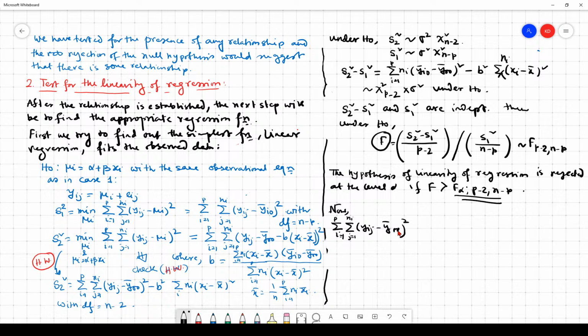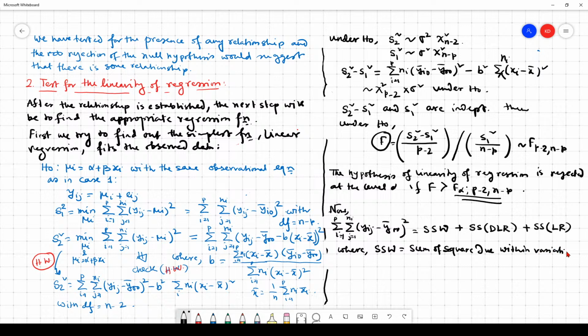This can be written as SSW, within sum of squares, SSDLR, departure from linearity, and SSLR, sum of squares due to linear regression. Okay, so where SSW is the sum of squares due to within variation.